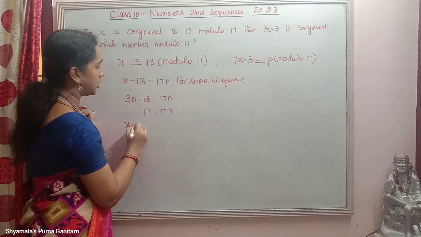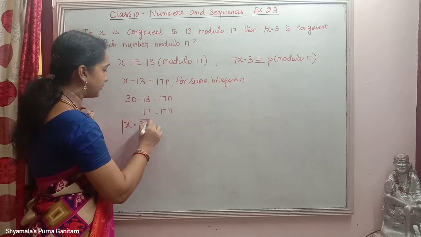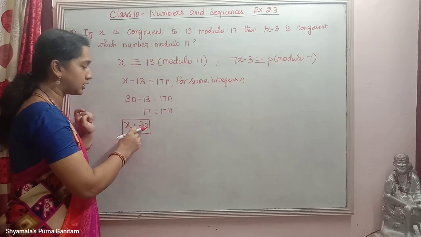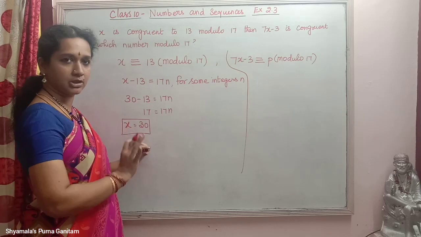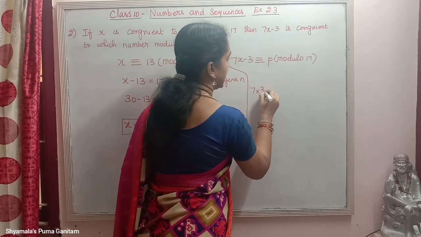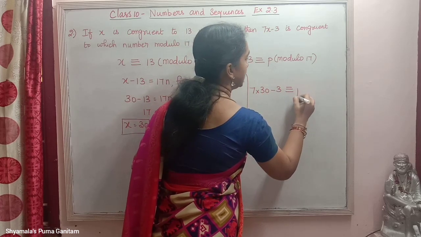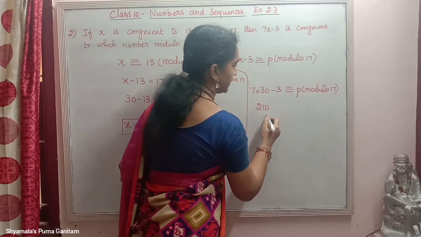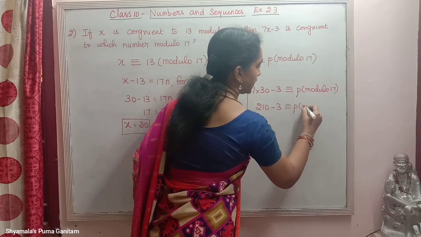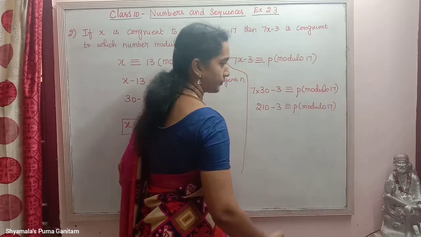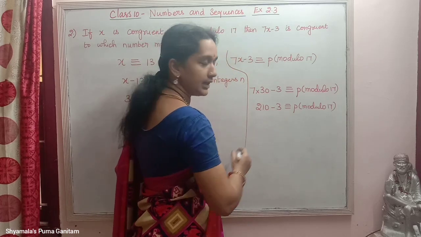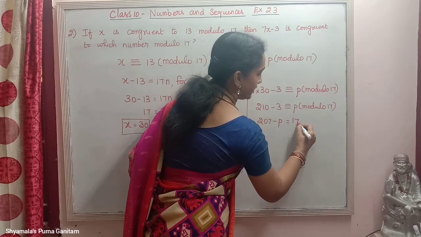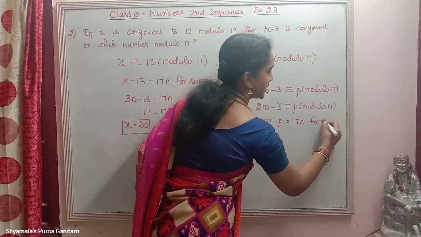So we got the value x equal to 30, which satisfies the first congruence. Now we substitute x equal to 30 here: 7 into 30 minus 3 congruent to p modulo 70. So 210 minus 3 is 207.